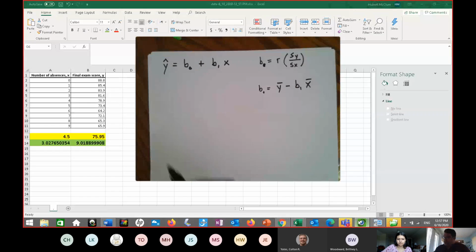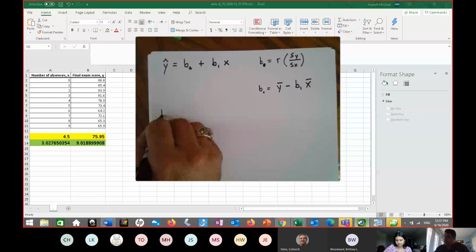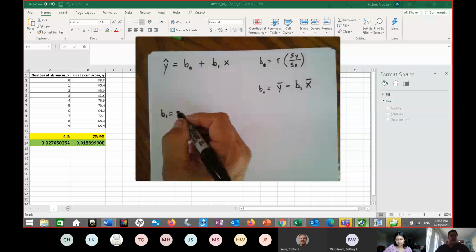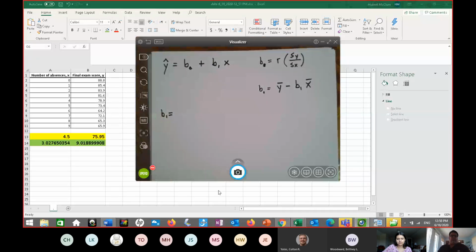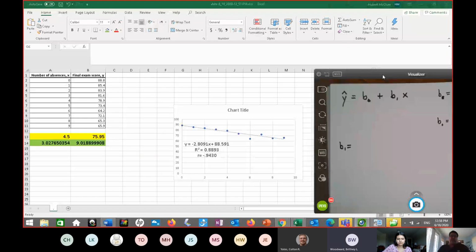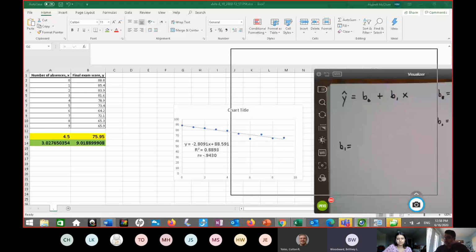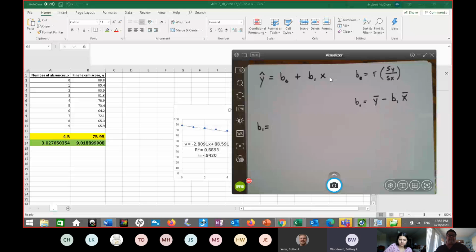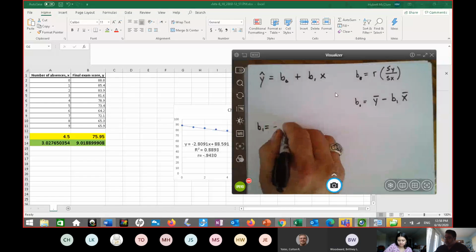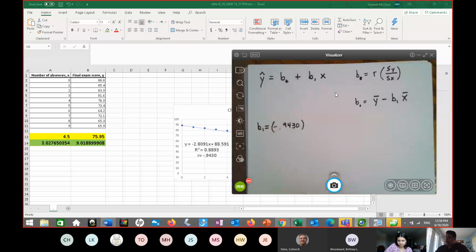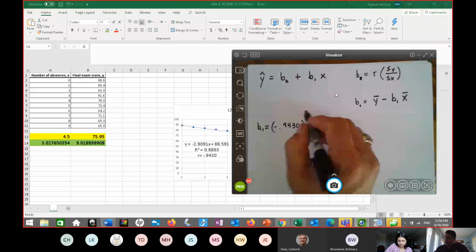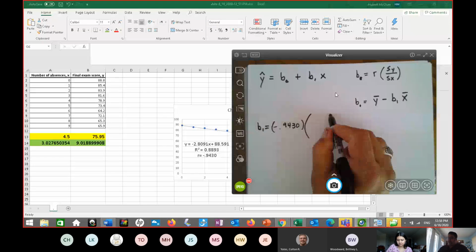So b sub 1 is equal to r. Look on the spreadsheet right here. Negative 0.9430. Thank you. Negative 0.9430 times, and I'm going to put a big bracket right here and a big bracket right here and a fraction bar right here.